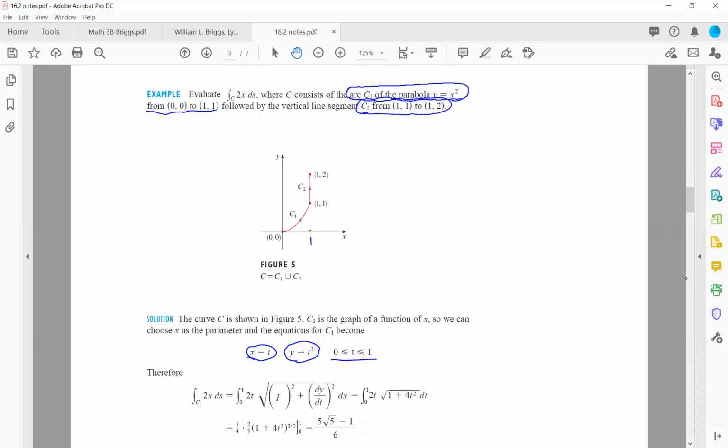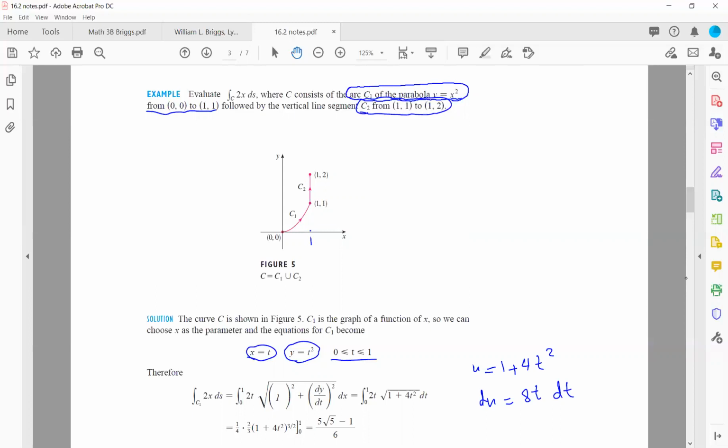So this integral, the first integral along C1, is the integral of 2t square root of 1 plus 4t squared, and t, or just x, ranges between 0 and 1. We can use u-sub. You can take u to be 1 plus 4t squared, du is 8t dt.